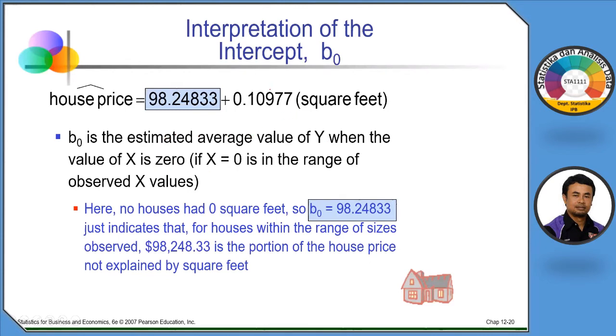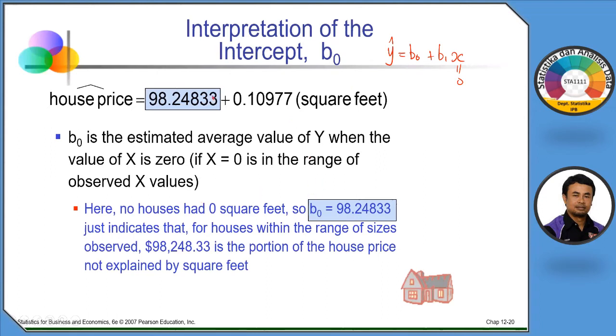Because our estimated equation is y head equals B0 plus B1 times x. When x is equal to 0, it cancels everything, so y head is equal to B0. So B0 is the estimated average value of y when x is 0.